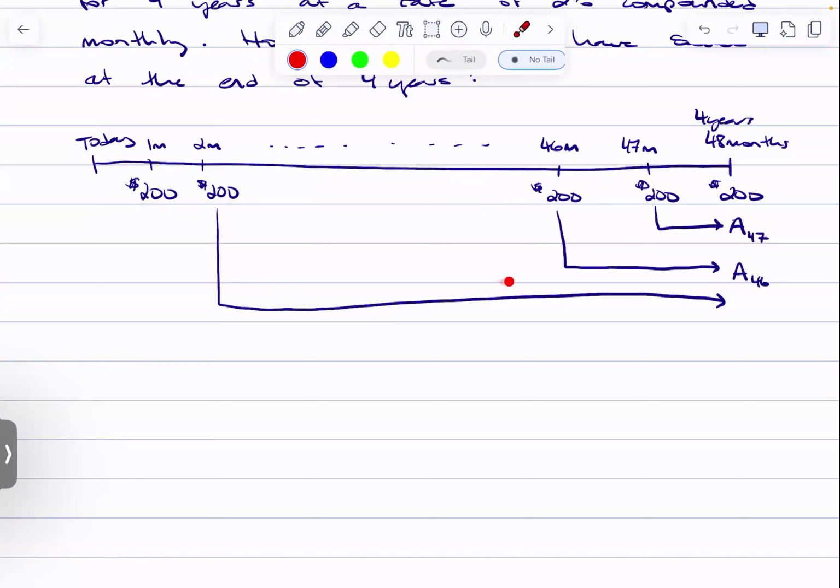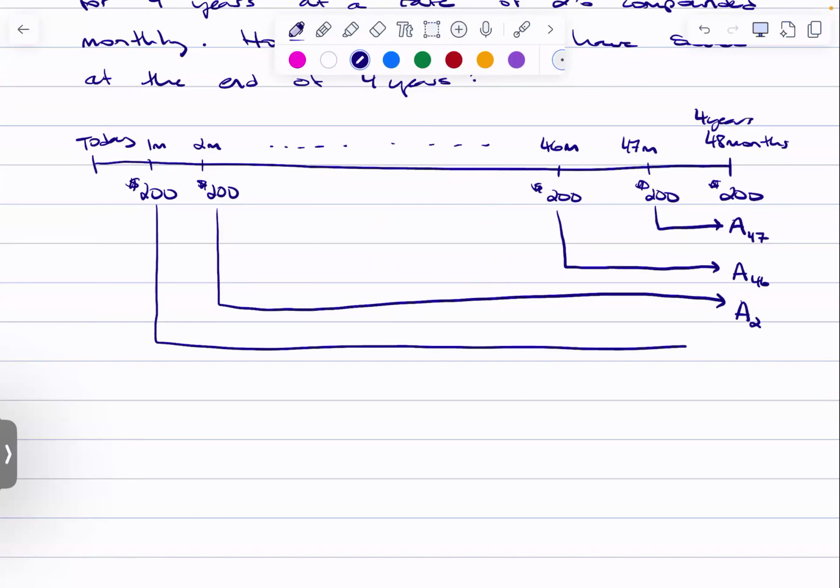And in between here, every single month has some accumulated value at the end of the 4 years. So A2 and A1. That's very tedious. You'd have to find A 47 times, because the A for the 48th is just 200. It was just freshly put in, so it doesn't move.